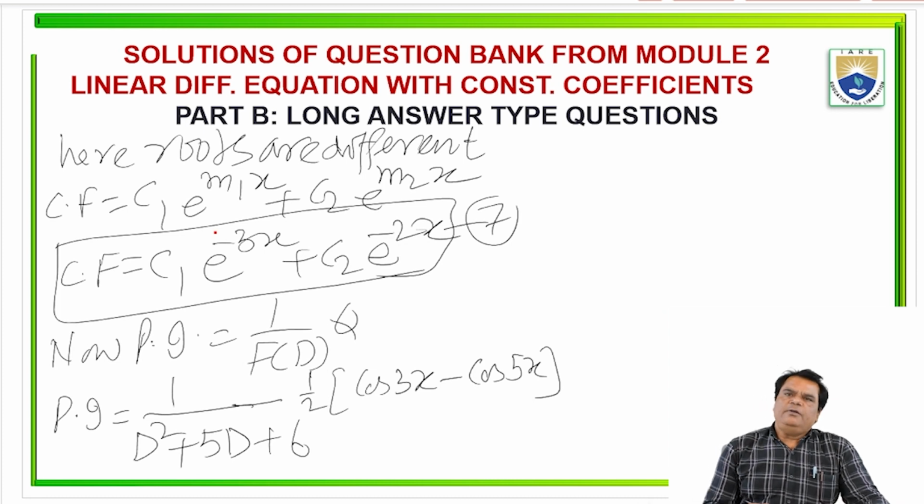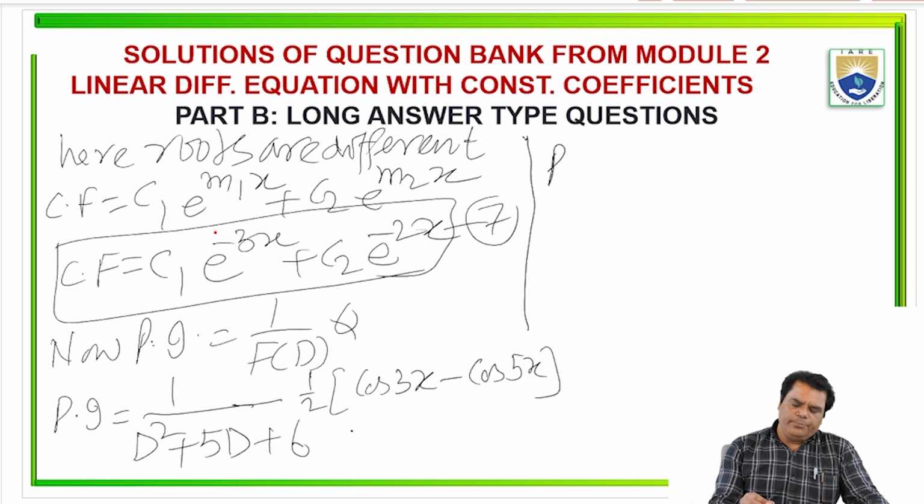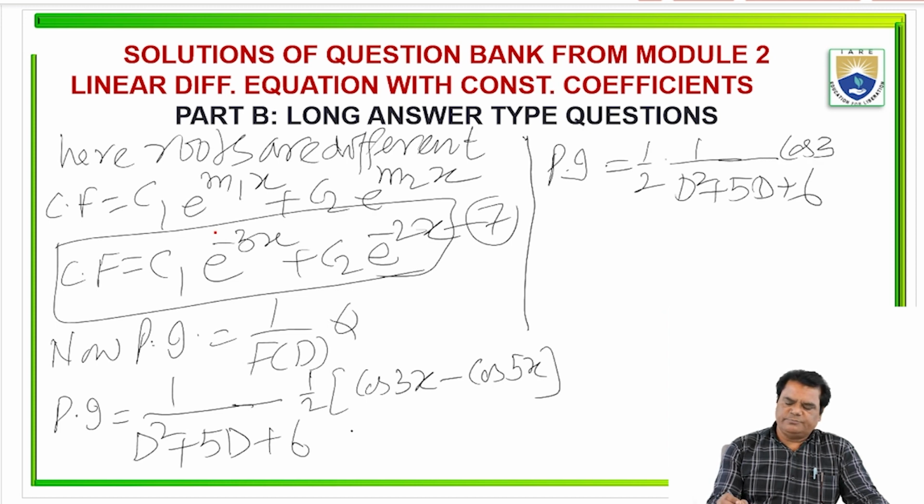So PI is equal to 1 upon 2 of 1 upon (D square plus 5D plus 6) into cos 3x minus 1 upon 2 of 1 upon (D square plus 5D plus 6) into cos 5x.